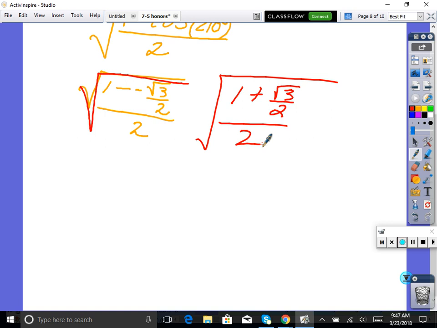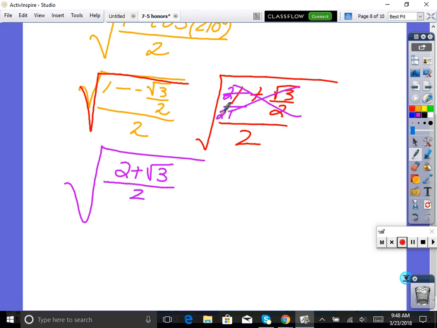So to get one fraction right here, you need to do a common denominator. So 2 over 2. So we have the square root of 2 plus root 3 over 2. That took care of the top. And then over 2, and I'm going to call that 2 over 1. That was this. Everybody sees.